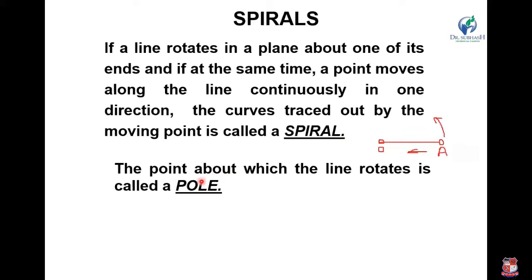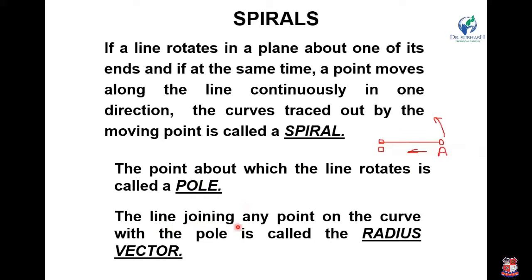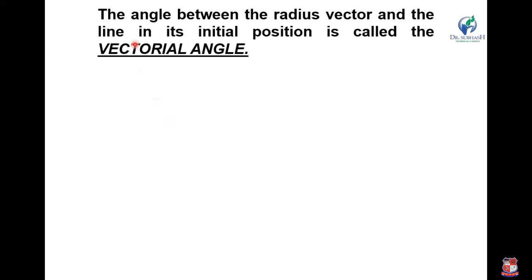The point about which the line rotates is called the pole. Here, this point O on which the line is rotating is called the pole of this spiral, and the line joining any point on the curve with the pole is called a radius vector. The angle between the radius vector and the line in its initial position is called the vectorial angle.